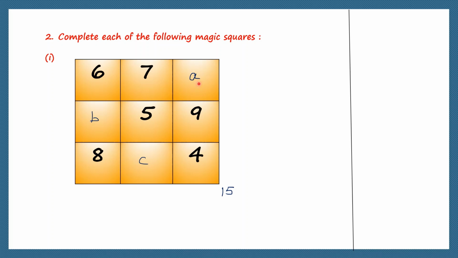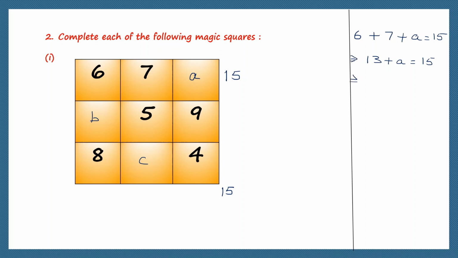So let's try and find the value of A. So we're going to say 6 plus 7 plus A should be equal to 15. All this should be equal to 15. So let's try that. 6 plus 7 plus A is equal to 15. So 6 plus 7 is 13. 13 plus A is 15. Now we have learned this in equations, isn't it?